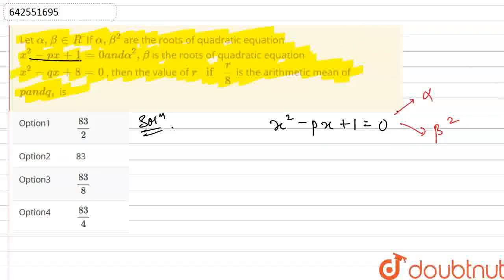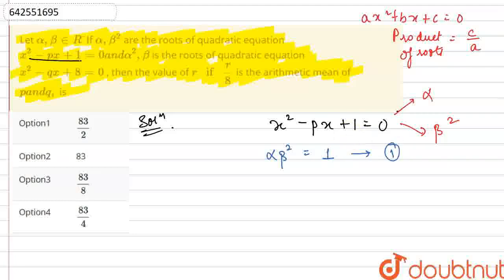For any quadratic equation ax square plus bx plus c equals 0, we know that the product of roots is equal to c by a. So from this equation, the product of roots, alpha into beta square, will be equal to 1. Let's say this is equation number 1.